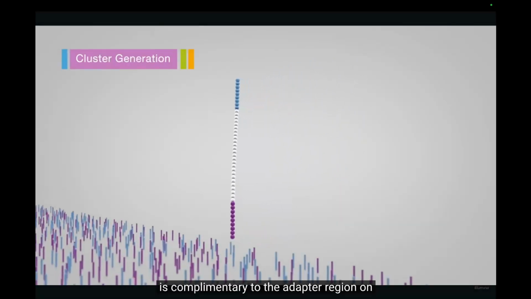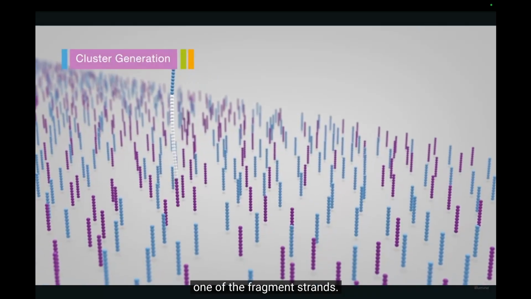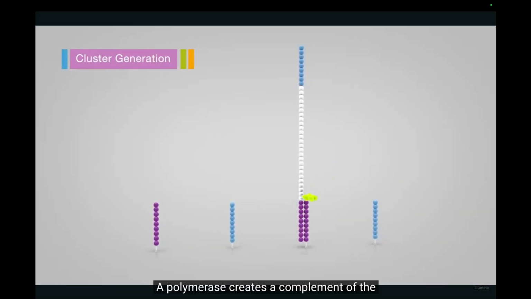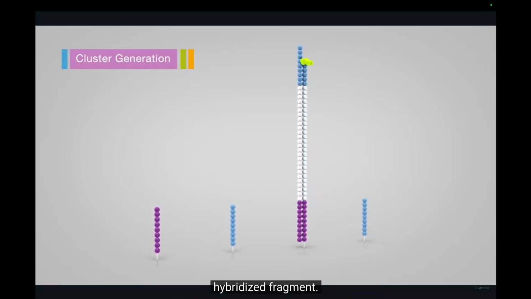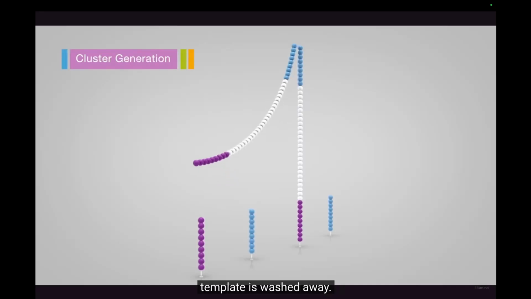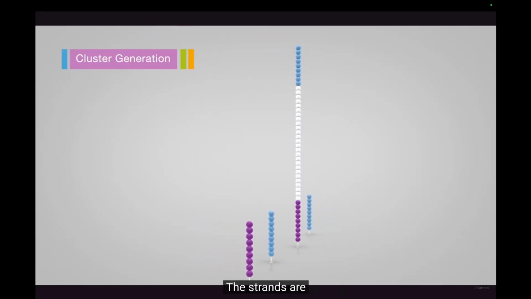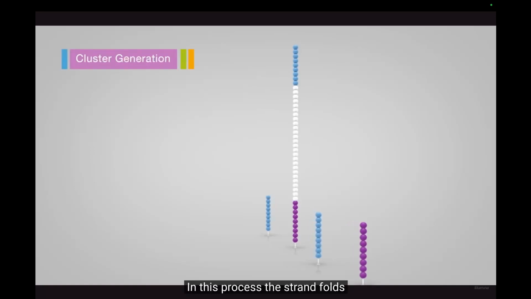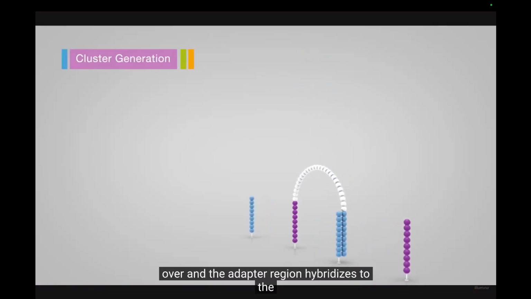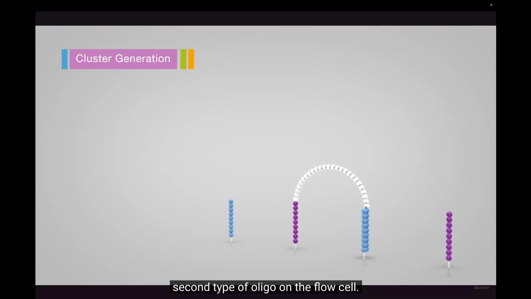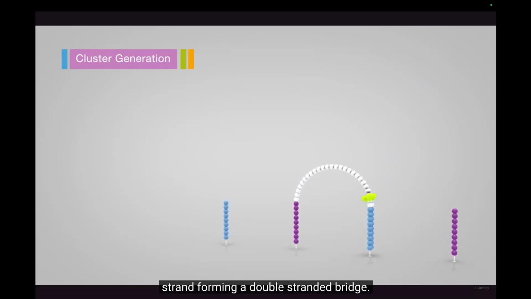This oligo is complementary to the adapter region on one of the fragment strands. A polymerase creates a complement of the hybridized fragment. The double-stranded molecule is denatured, and the original template is washed away. The strands are clonally amplified through bridge amplification. In this process, the strand folds over, and the adapter region hybridizes to the second type of oligo on the flow cell. Polymerases generate the complementary strand, forming a double-stranded bridge.